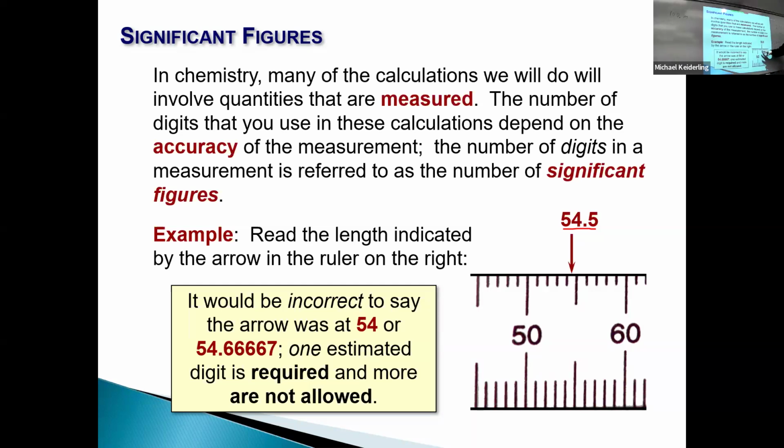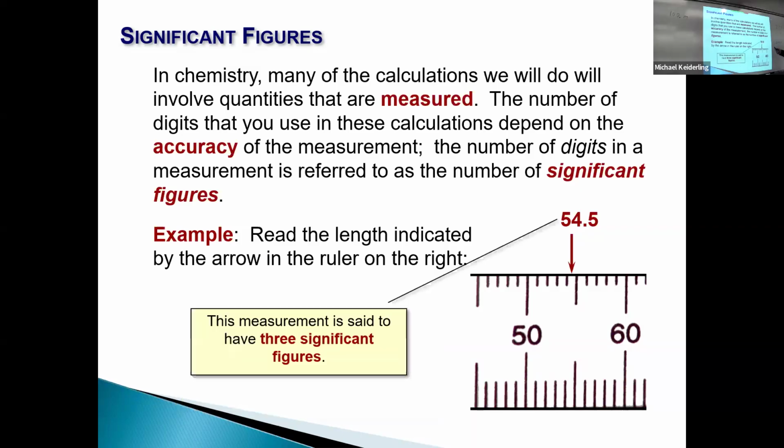If you're in between 54 and 55, you can estimate that this is about 54.5. Strictly speaking, 54 would indicate less precision than you're actually measuring, and 54.6667 would indicate way more precision than you're actually measuring. So this would have 3 significant figures as a measurement.